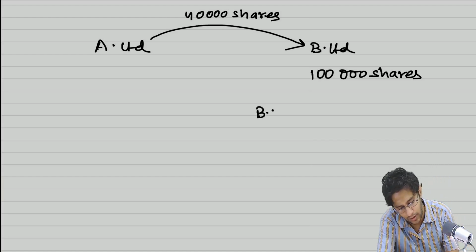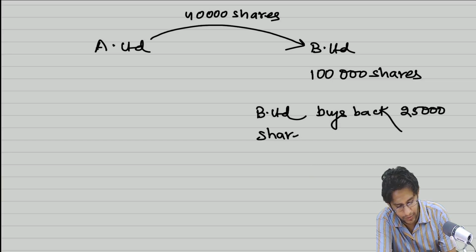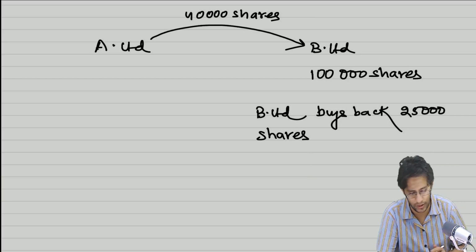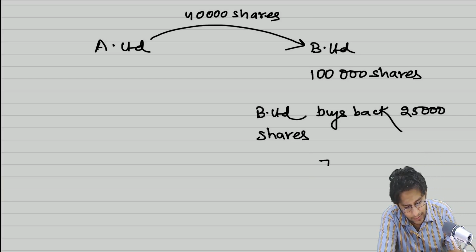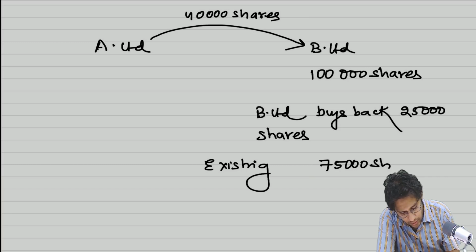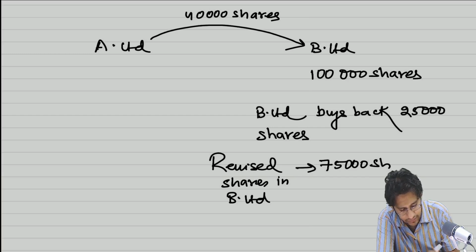Now, B Limited buys back 25,000 shares. Are legally not permitted and all. Don't bother into all that legally. If you want, instead of 1 lakh, I'll make it 90,000. Okay. So as a result, what is happening now? 75,000 revised shares in B Limited after buyback is 75,000.